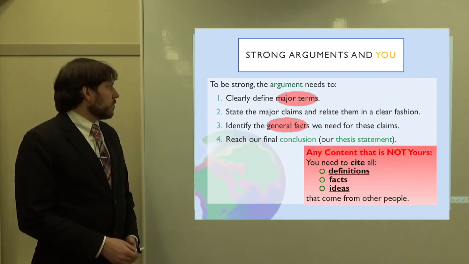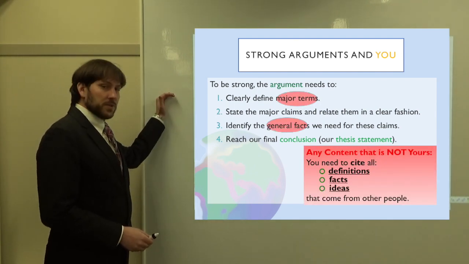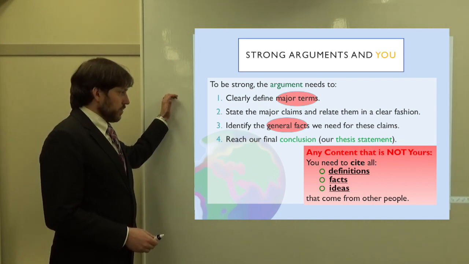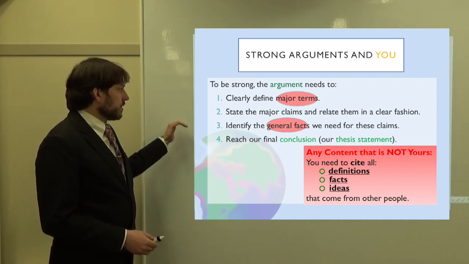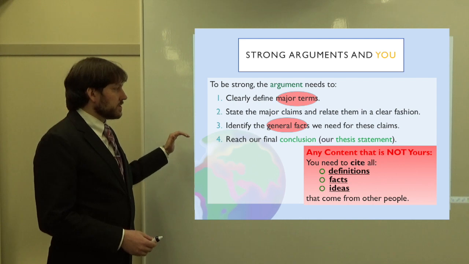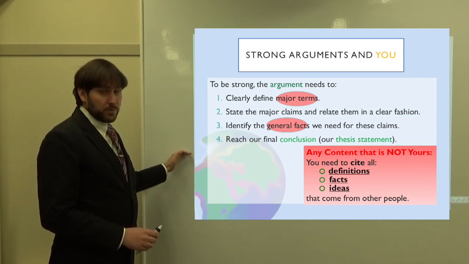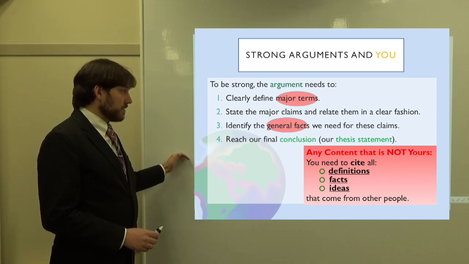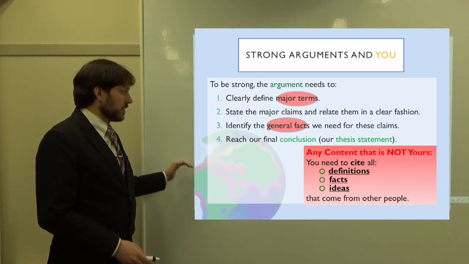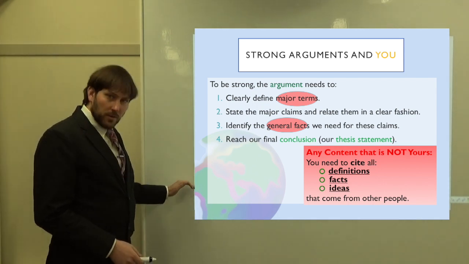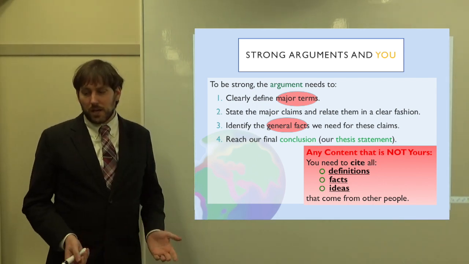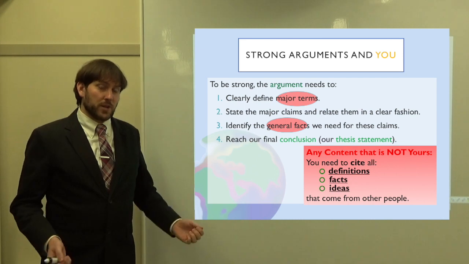What that means is when you're looking at these major terms, any content that is not yours. When you're looking at these general facts, any content that is not yours. You need to cite, a word that we will define later. So you need to cite all definitions, you need to cite all facts, you need to cite all ideas that come from other people. Anything that you take from anyone else, you should mention.